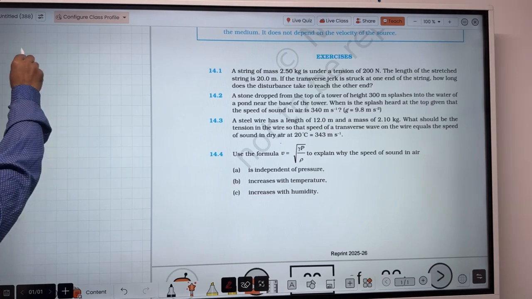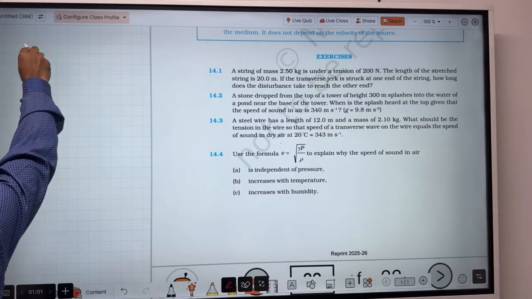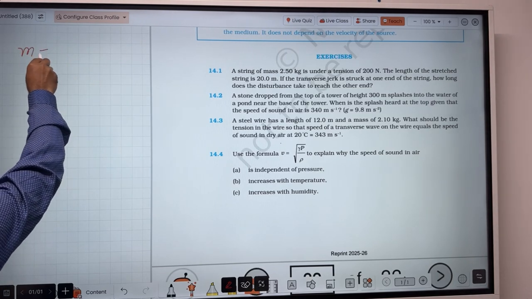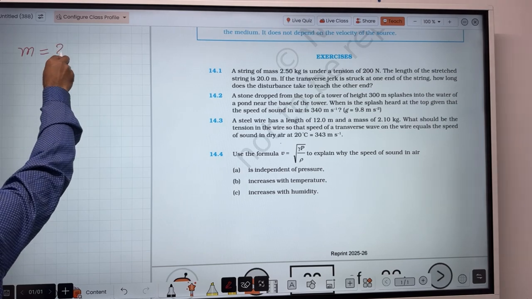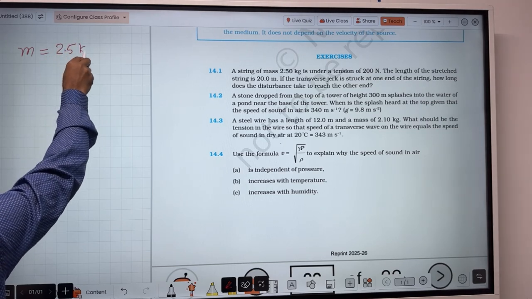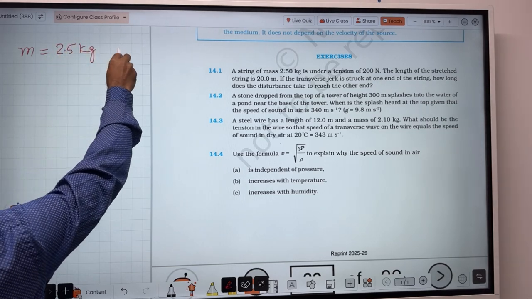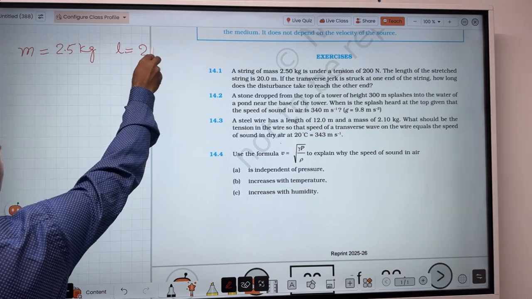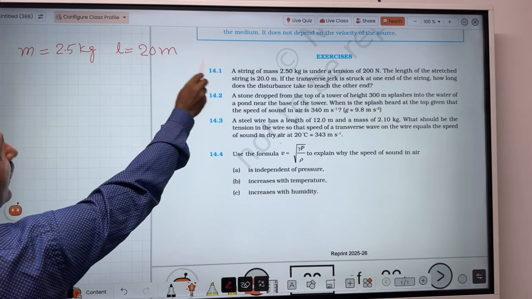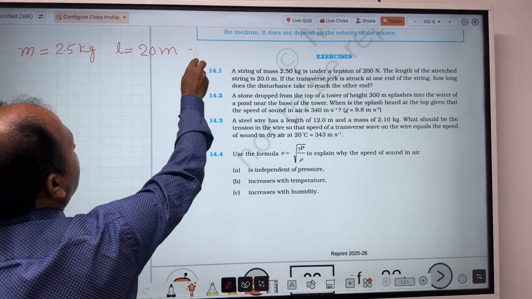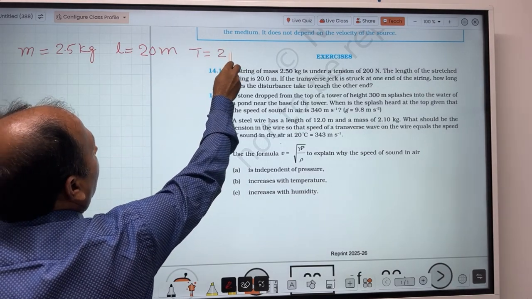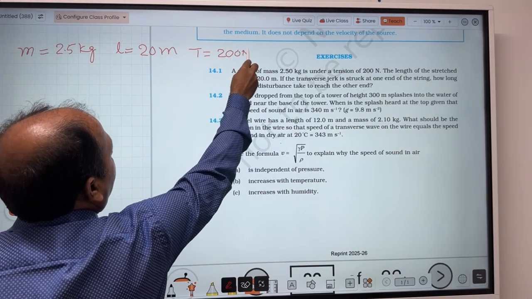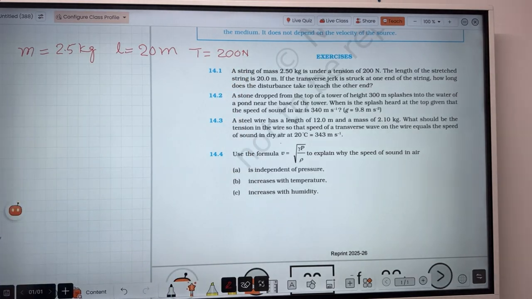So here information given is mass is equal to 2.5 kg. Length is given as 20 meter and tension is given as 200 Newton.